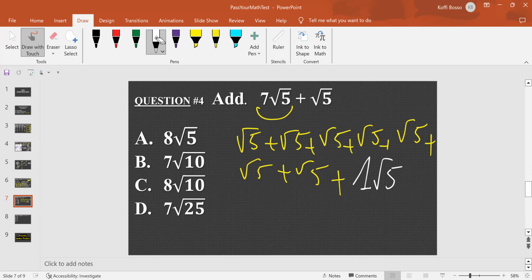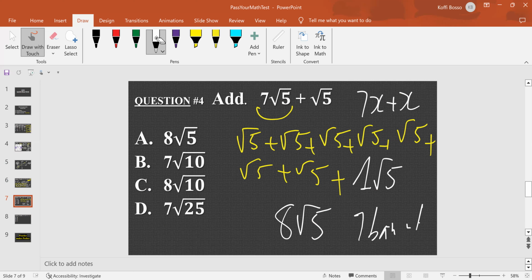So in total, how many square root of 5 do we have? 8 square root of 5. Understand that this question is like doing 7x plus x to say 8x, or 7 bananas plus 1 banana, so you're going to have 8 bananas, or 7 apples plus 1 apple, or 7 students plus 1 student.